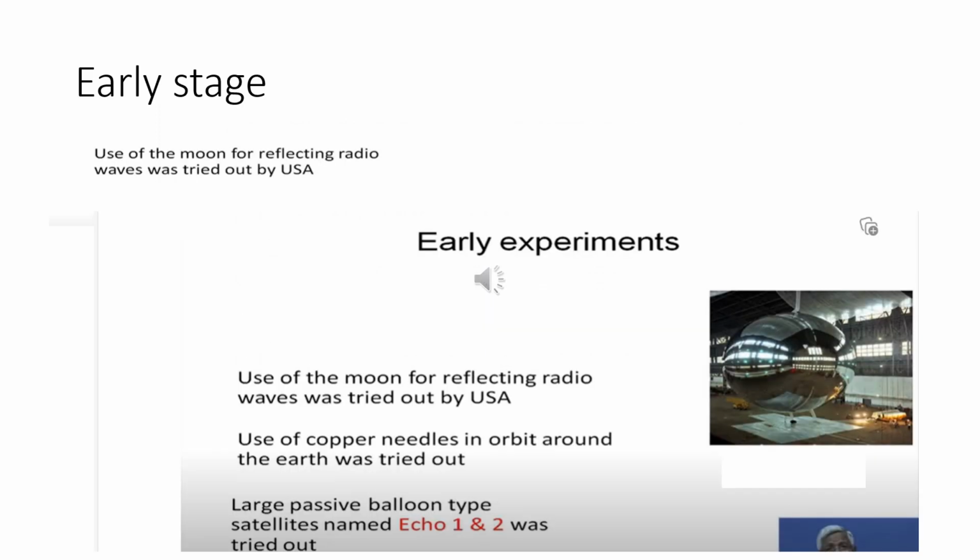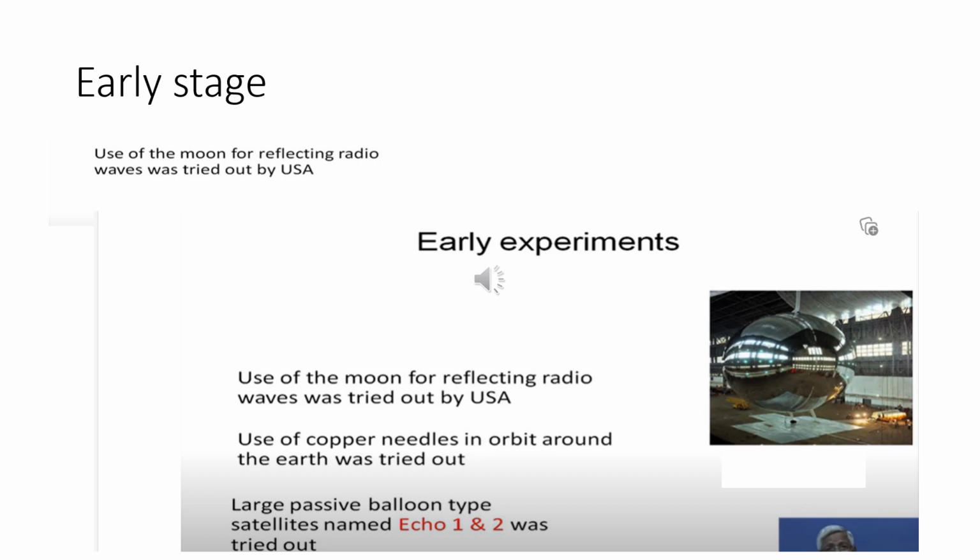See the early idea behind satellite communication. The very first was to use the moon like a satellite, but at night time it is not possible to communicate, so that idea was dropped. Then the second idea was to use copper needles floating in space, which would help in the communication. But that is also not a good solution.